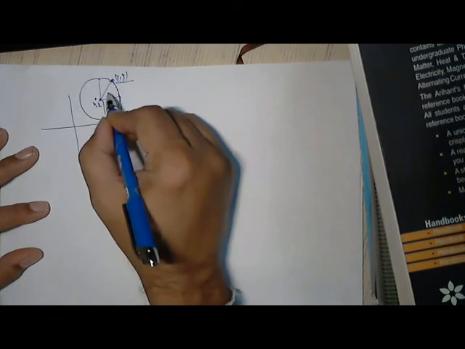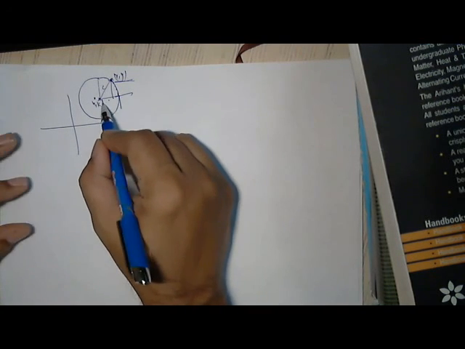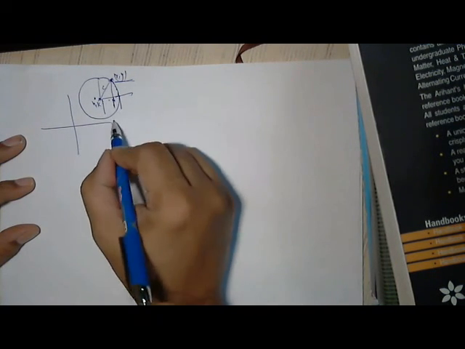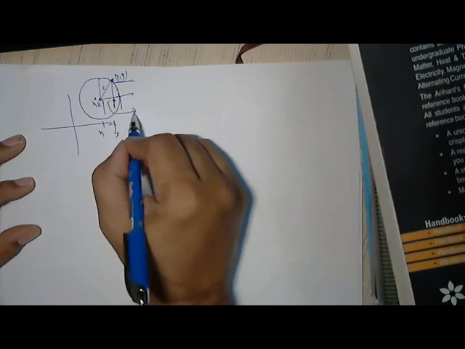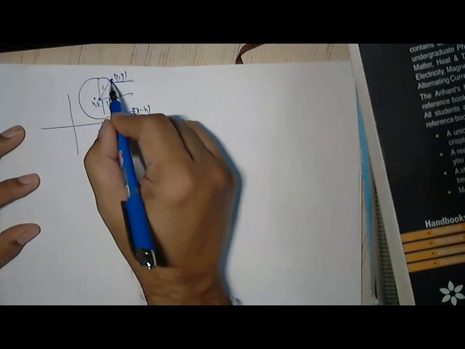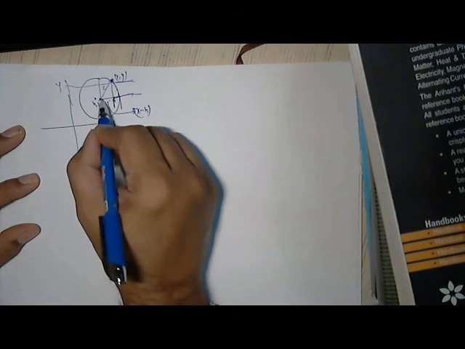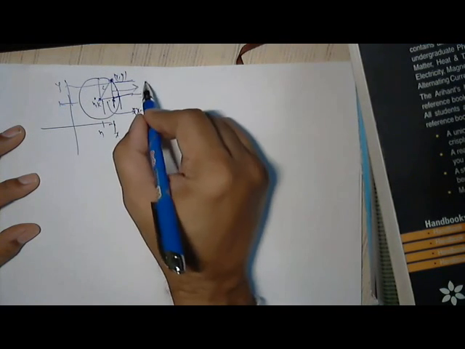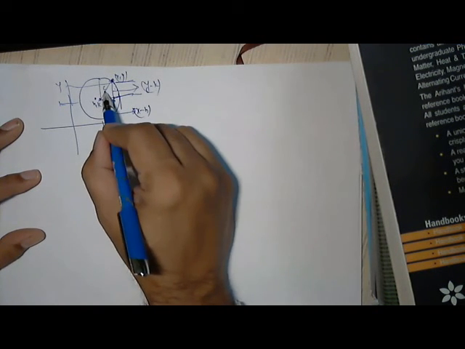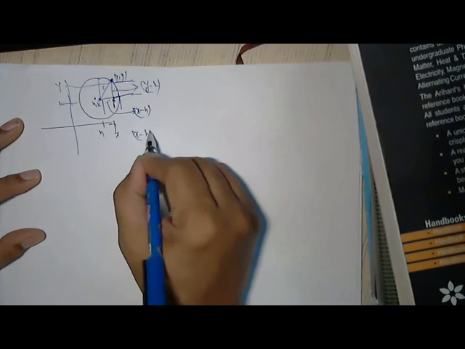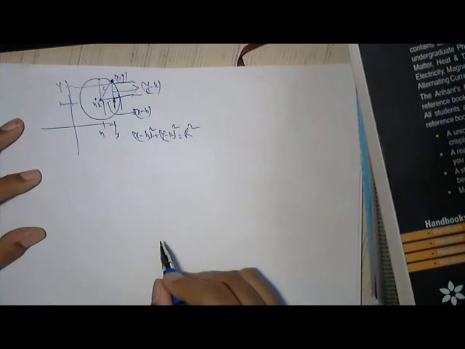I want this distance so that I will get the radius. This point is x and this point is h, so the difference is x minus h. Similarly, this point is y and this point is k, so this distance is y minus k. So a square plus b square is equal to c square, so (x minus h) whole square plus (y minus k) whole square is equal to r square.